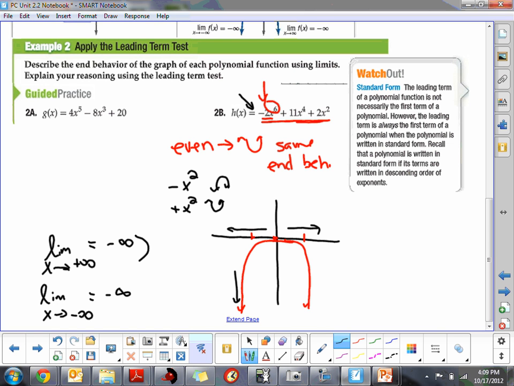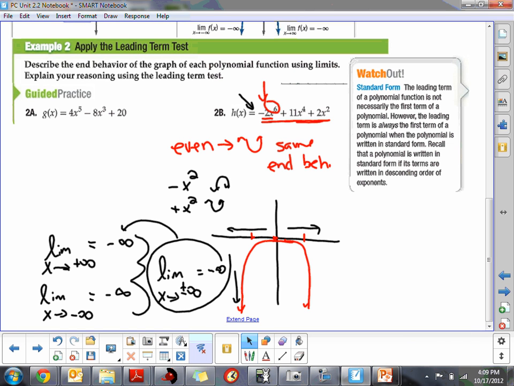If you wanted to, you could combine these two statements into one. You could say the limit as x approaches either positive or negative infinity, you've got one output, and that is approaching negative infinity. So this statement replaces that statement. End behavior is either going to be the same or it's going to be the opposite. Even is going to have the same end behavior.